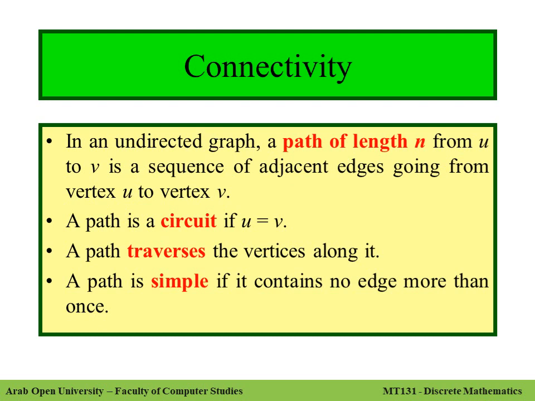The u and v are the same. Of course a path will go through every vertex on that path, so a path traverses the vertices along it. A path is simple if it contains no edge more than once. You cannot use the same edge more than once in the path. In this case it's called a simple path.